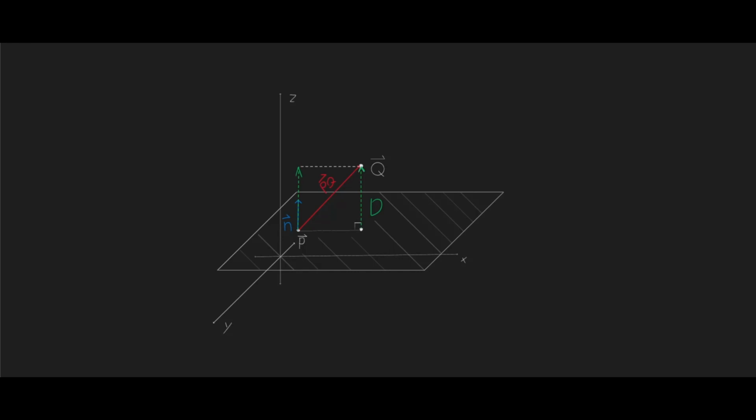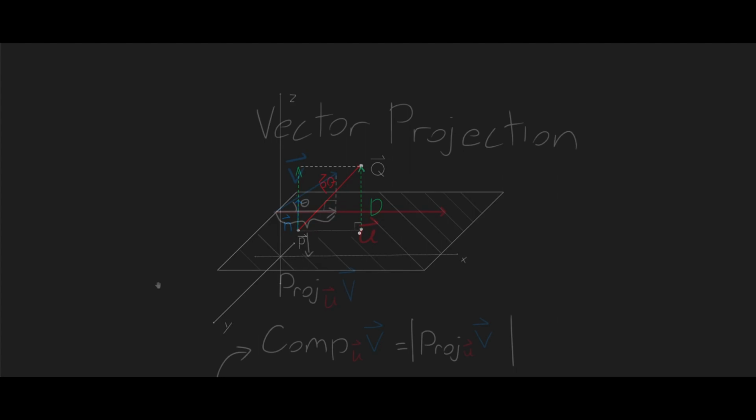Now the distance is going to be the projection of PQ onto the normal vector. That will give us a vector that has the magnitude of the distance. So when we take the projection of PQ onto N, we're getting another vector, this one right here in green, and by taking the magnitude of that vector, it will give us the distance.